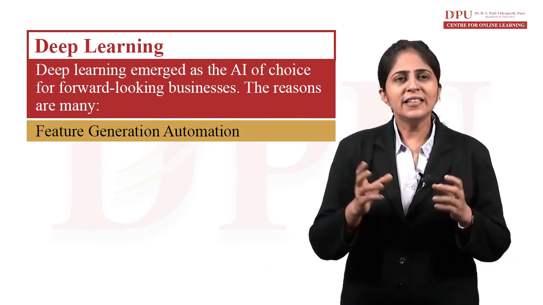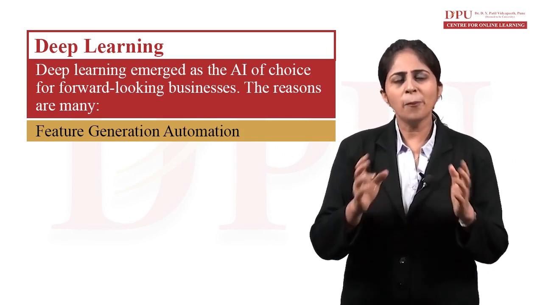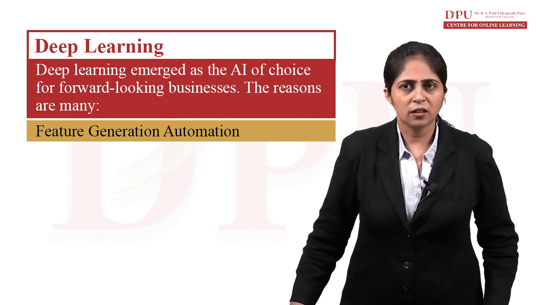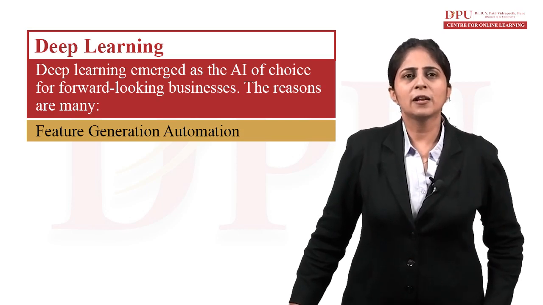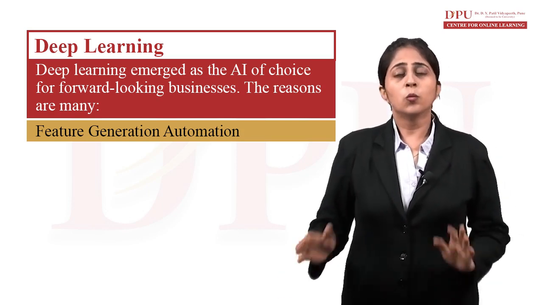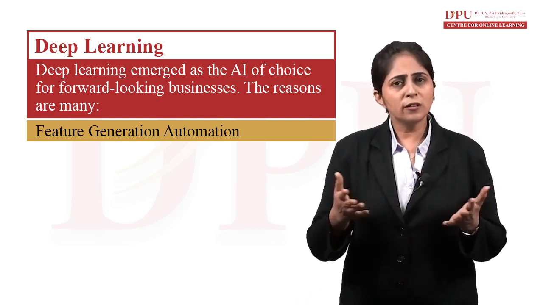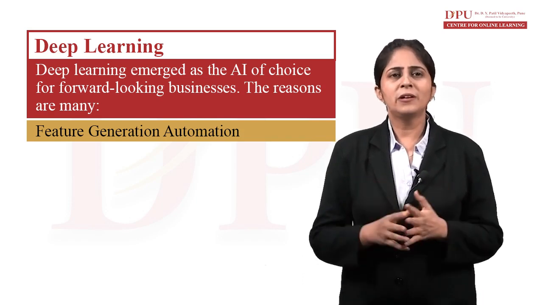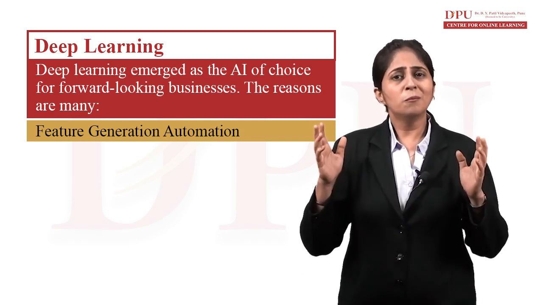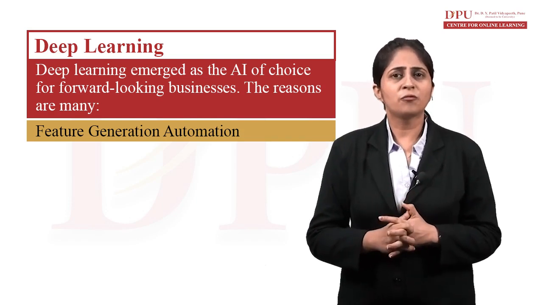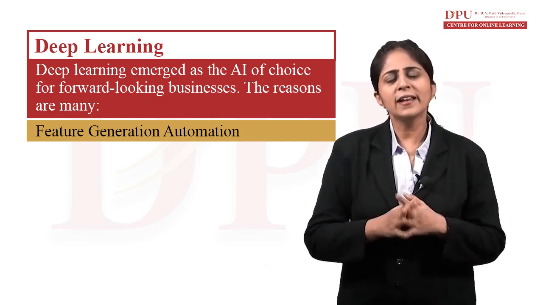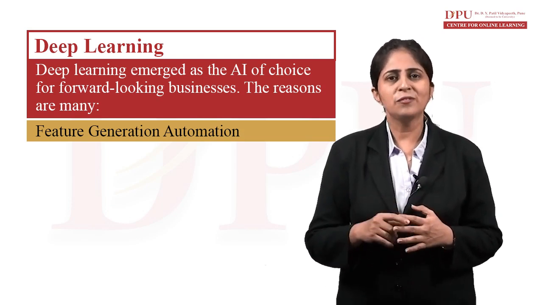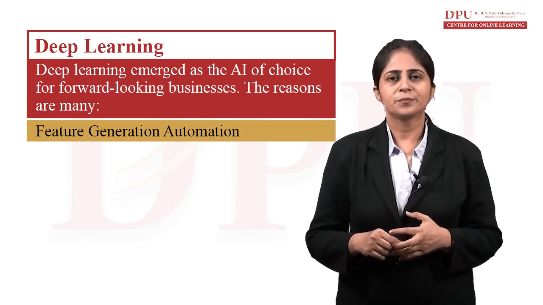This means deep learning can perform complex tasks that often require extensive feature engineering. Nowadays, deep learning can perform complex tasks which we humans are normally not able to do. So deep learning algorithms are performing various difficult tasks for us which often require extensive feature engineering. That is the first reason why we are using deep learning nowadays.